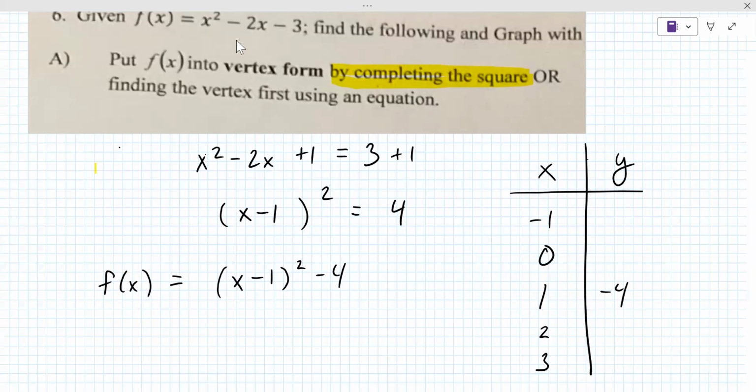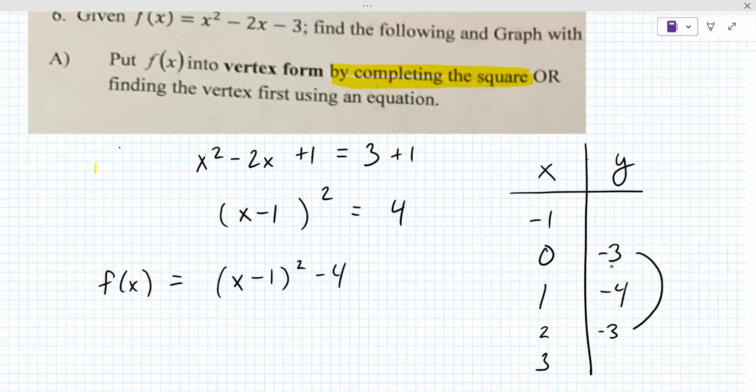So could you calculate that for us, please? -3. It is -3. And by symmetry, this other point is also -3.